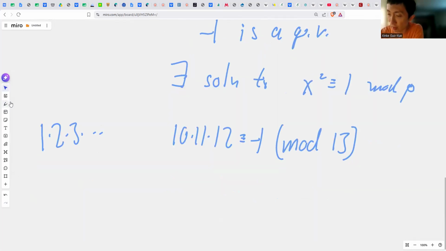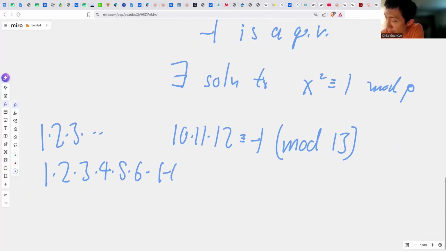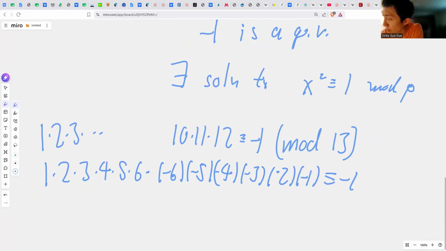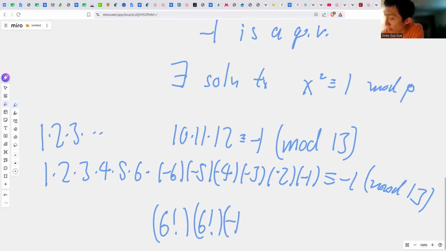We can rewrite this as 6 factorial times 6 factorial times (-1) to the 6, if we factor out a -1 from each of these factors, is congruent to -1.